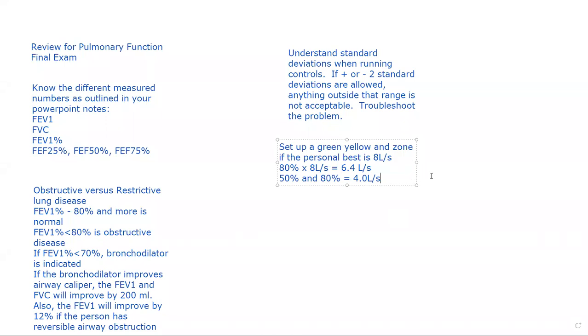If they're less than 50%, they should be instructed to go to the ER because they probably need some IV steroids at that point.